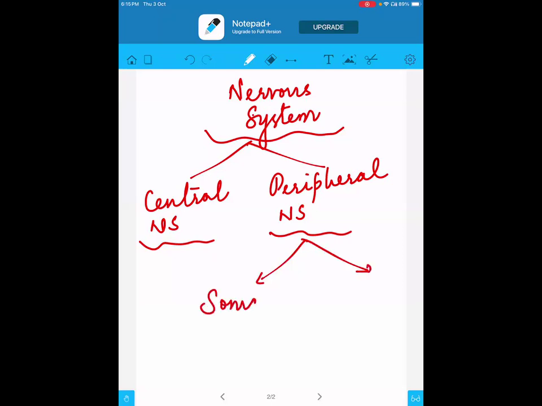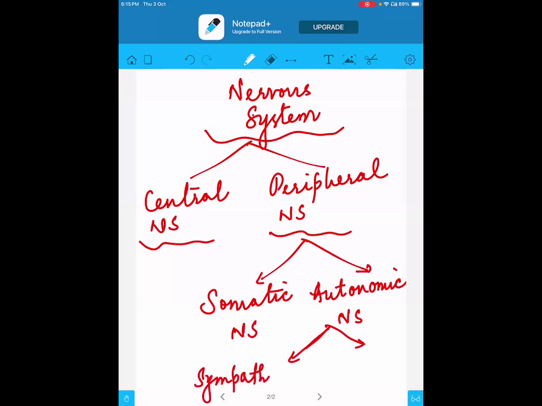The first is the somatic nervous system and the second is the autonomic nervous system. Now this autonomic nervous system again has two divisions, which are the sympathetic nervous system and the parasympathetic nervous system. This is again a very important part of this whole chapter. So that is how the division will be.